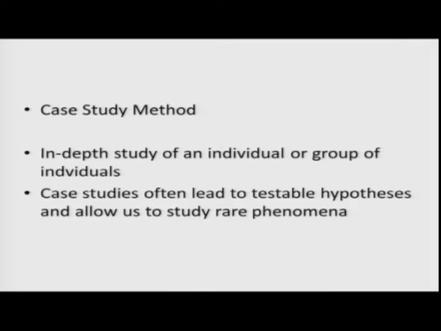So, for example, you have a very young business achiever in front of you. This person has become a millionaire, say, at the age of 40. So, you want to find out what made this person so successful in business.